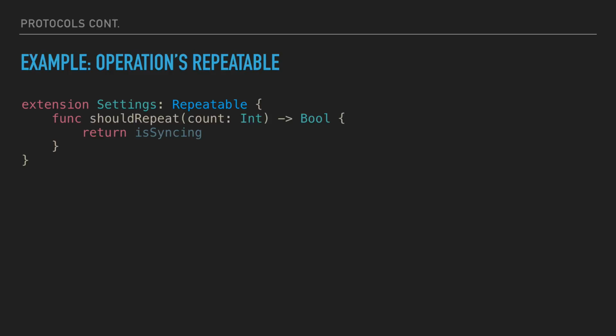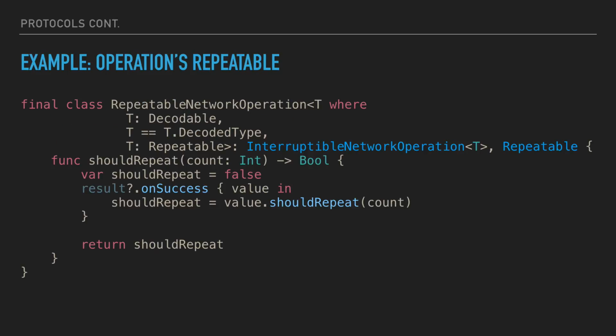And this lets me build another network operation, just called RepeatableNetworkOperation, which contains not only the type information I need for what I'm decoding from JSON, but also the fact that that type itself defines whether I need to repeat.